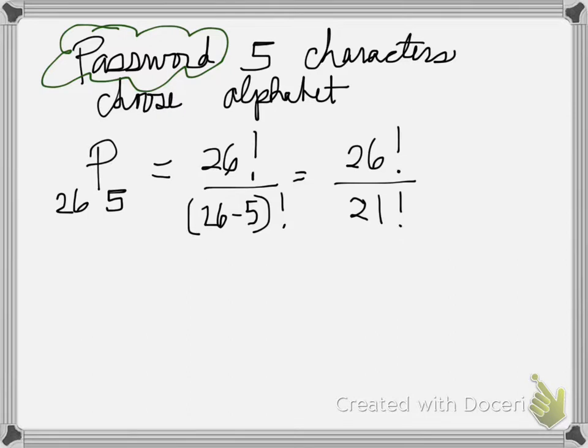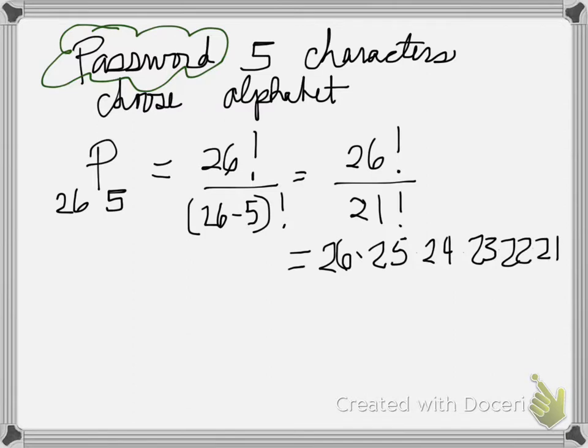Okay, so where is it going to start repeating? At 21. So I would have 26 times 25 times 24 times 23 times 22 times 21, but that would be everything under 21, so let's put that little factorial right there, over 21 factorial.